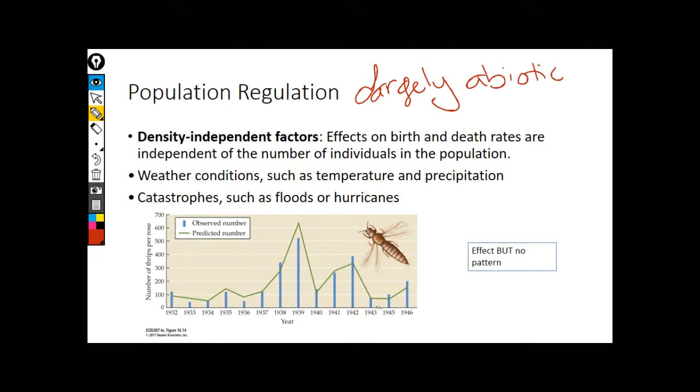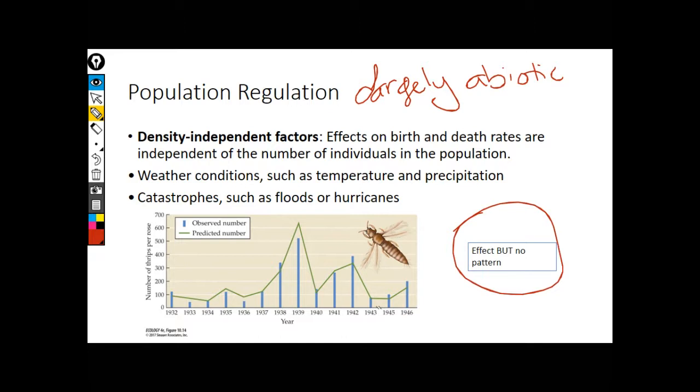They also, as we see here, are very unpredictable. This is going to have a very large effect on our organisms.